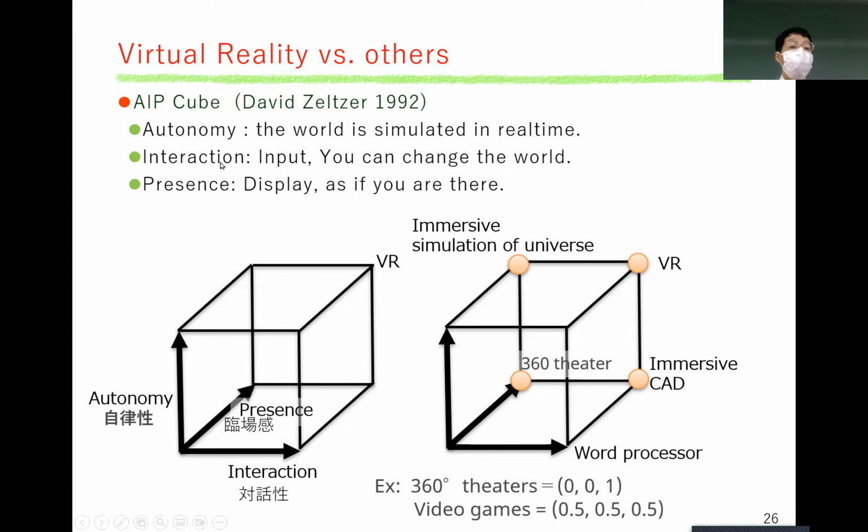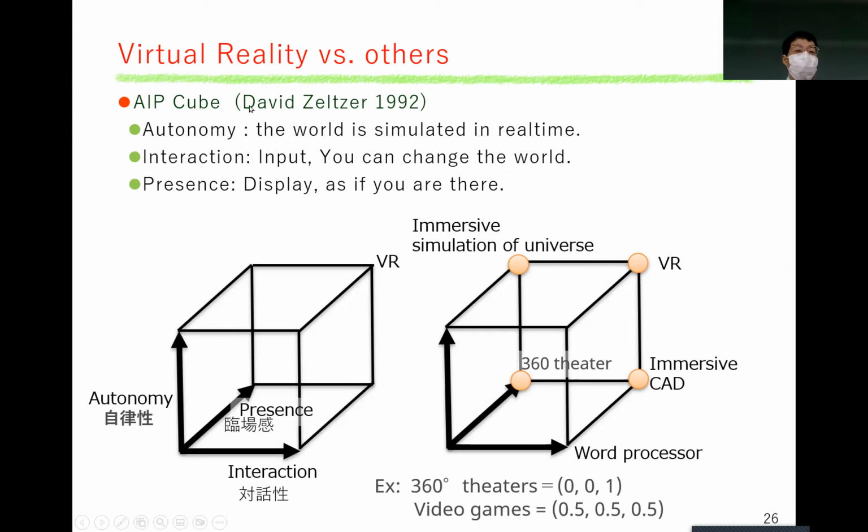And next one, interaction. Interactivity means if you do something, if you give some input to the world, then that changes the world. So you can change the world. This is the interactivity. And presence means display as if you are there. So not only presence, but also autonomy and interaction are needed.